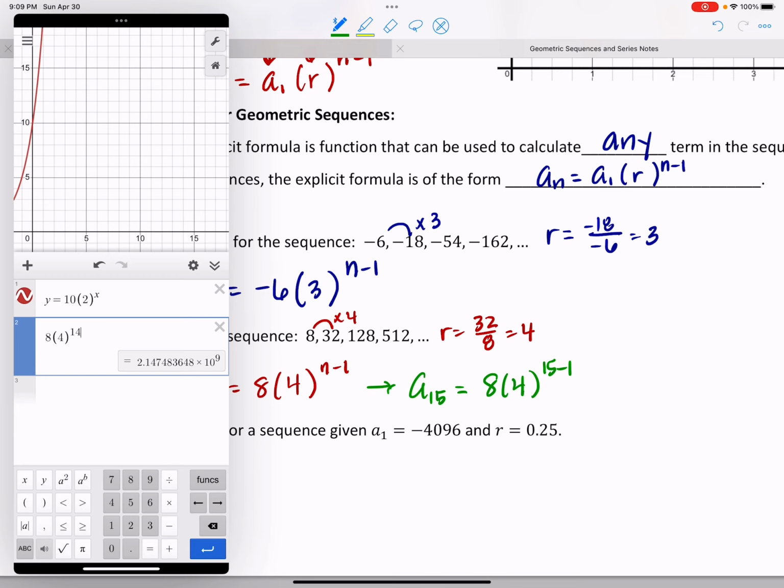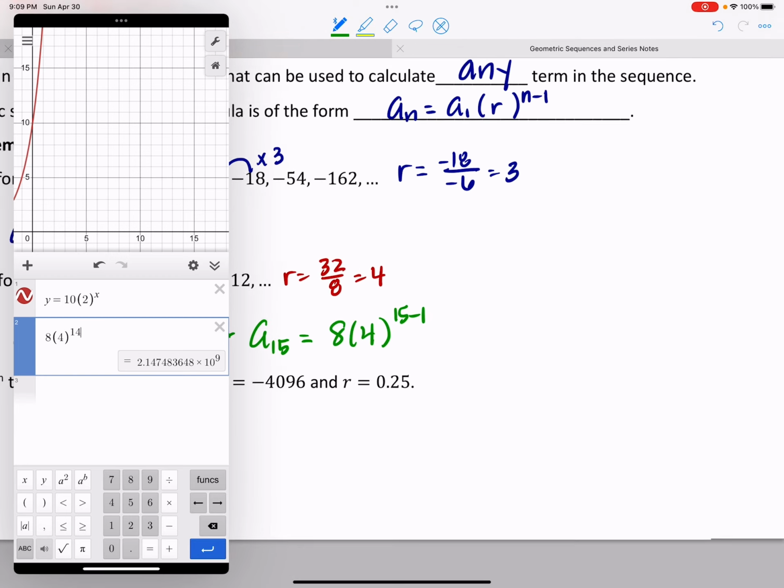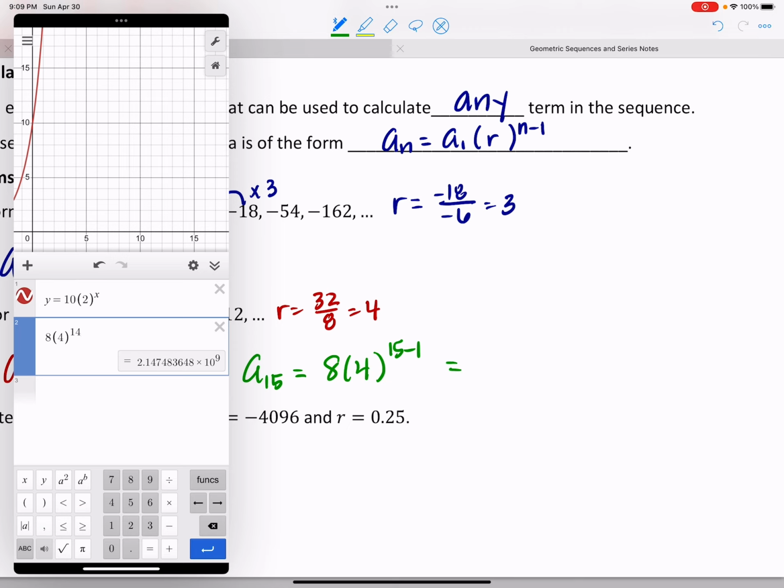So that is scientific notation if you've not seen your calculator produce that kind of an output before. 2.1, I don't know why it does this, to be honest, because it gives you so much of the decimal. 648 times 10 to the 9th power means I've got to move the decimal 1, 2, 3, 4, 5, 6, 7, 8, 9 places to get the number in standard form.